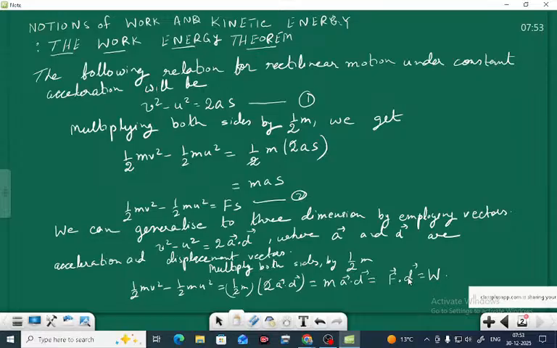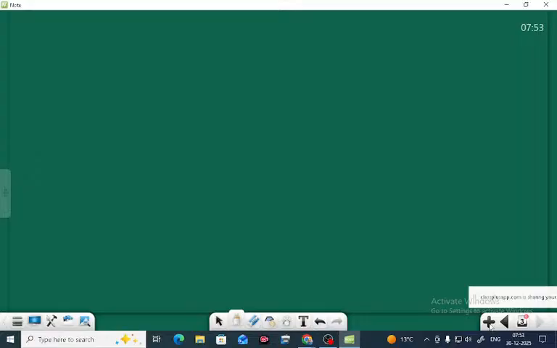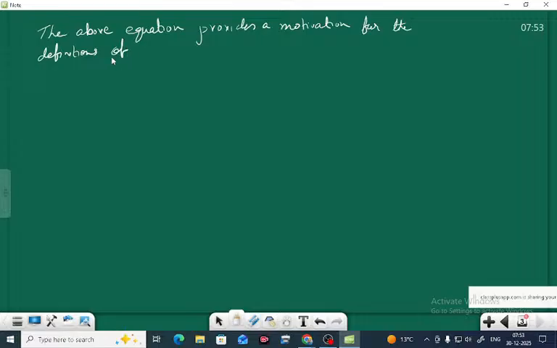Now you see here, half m v square minus half m u square equals change in kinetic energy, and this W is the work done.